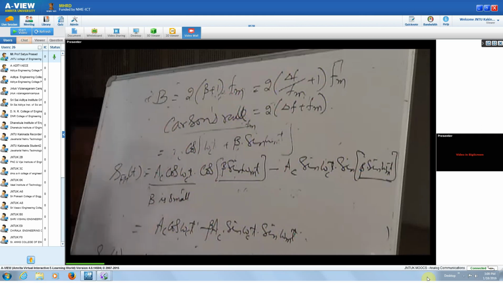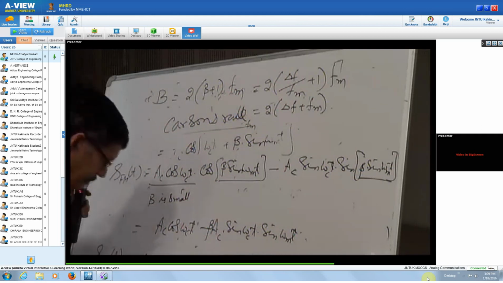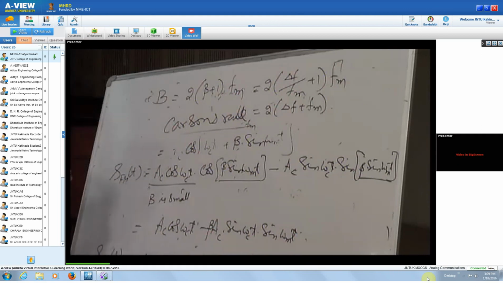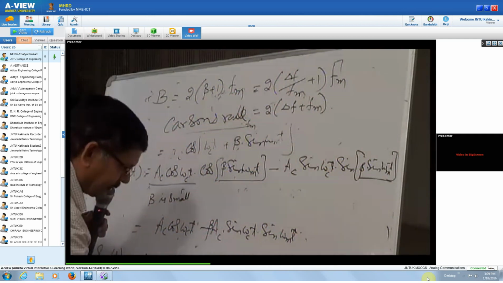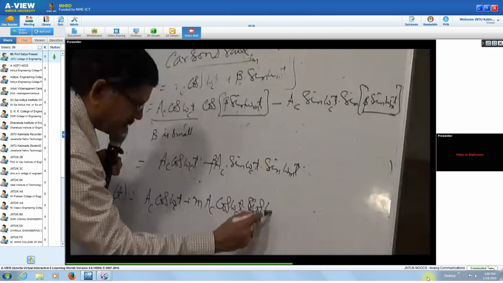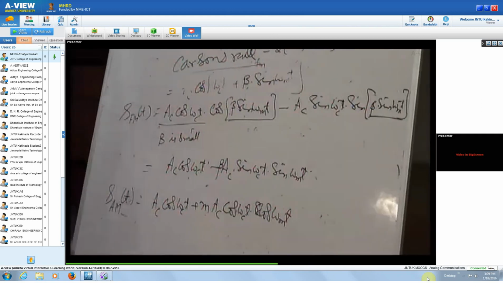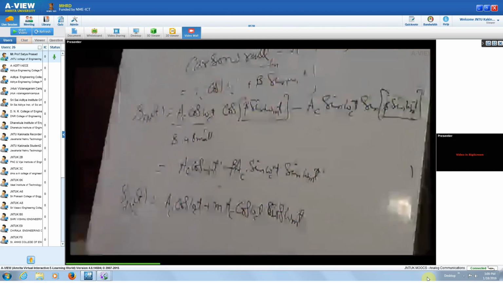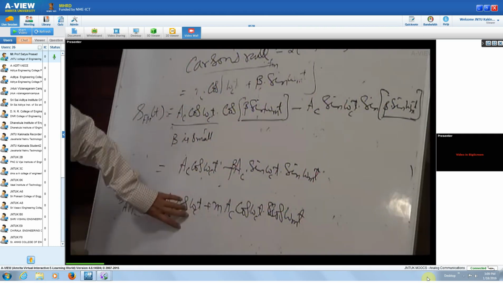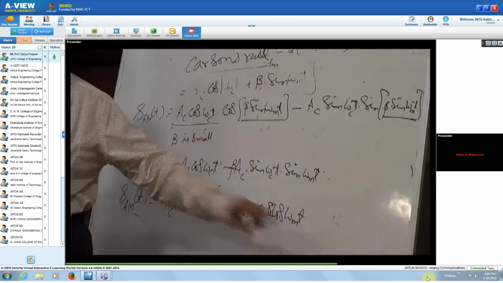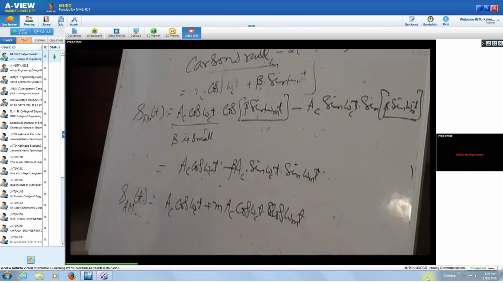It is 1 plus m cos omega mt in the bracket into cos omega Ct. So expand it: the carrier plus 2 side bands, m AC cos omega Ct into cos omega mt.